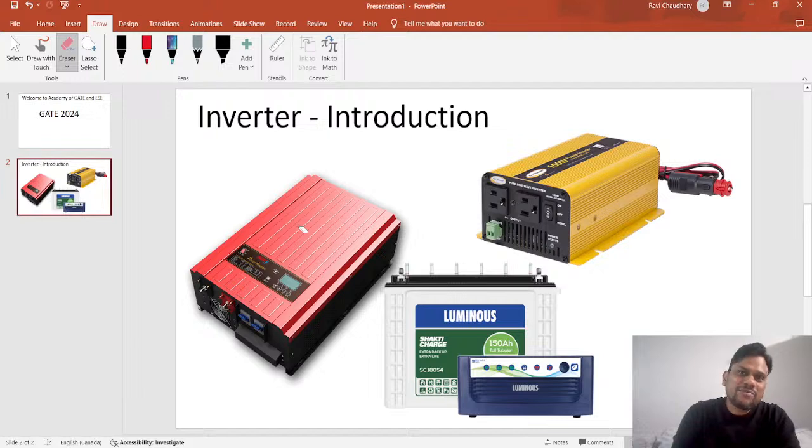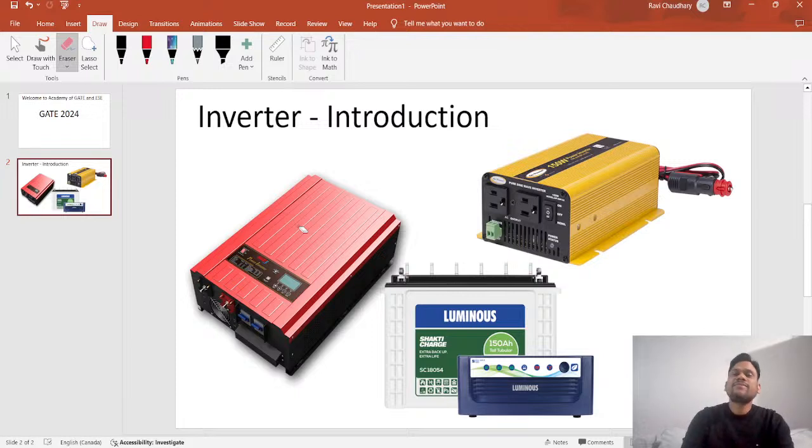Especially for long distance transmission, DC is sometimes better than AC transmission, and in that situation we also require an inverter. Likewise in railways, trains, heavy vehicles like trucks, buses and metro, in aeroplanes, almost everywhere, sometimes we have to convert DC into AC.